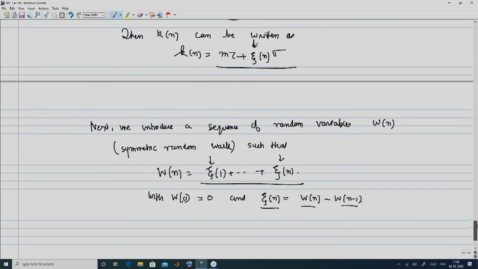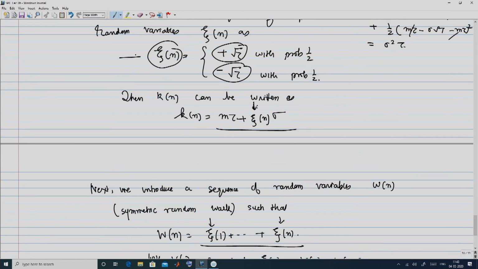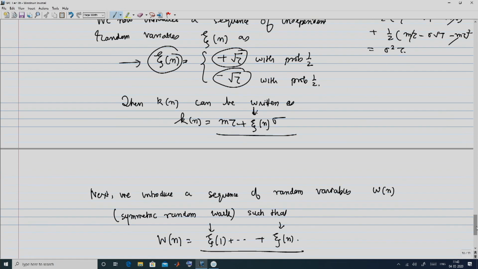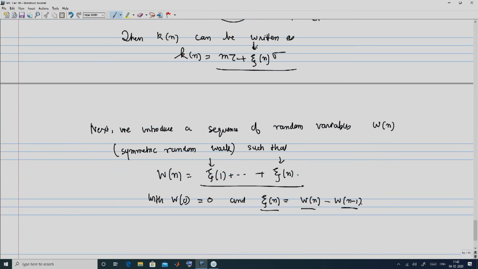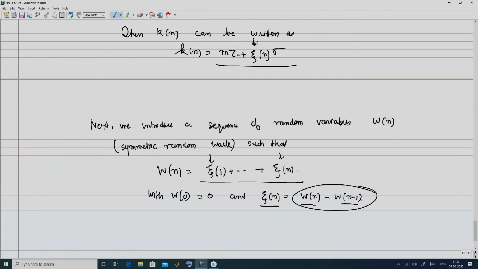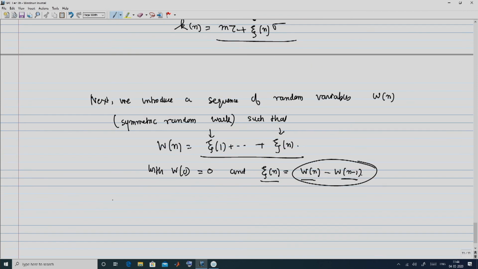So, now I have found an equivalent representation of this random variable xi n, and I am calling this my difference W n minus W n minus 1. Okay. So, consequently, what we do now is first of all make a slight change of notation. We now use the notation t is equal to n tau for n is equal to 1, 2, and so on.